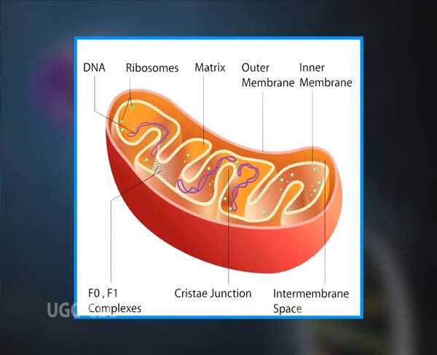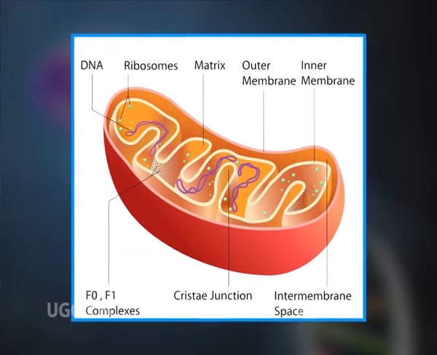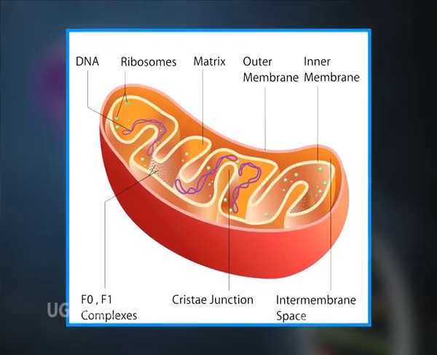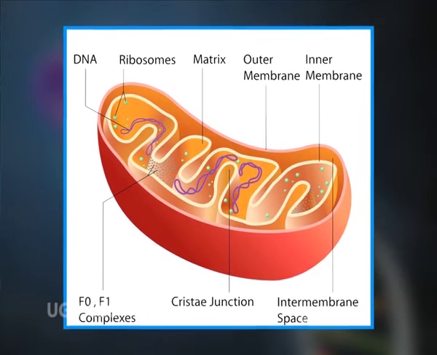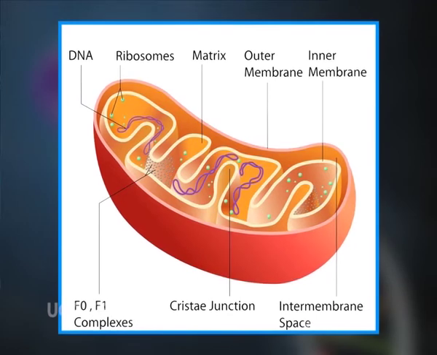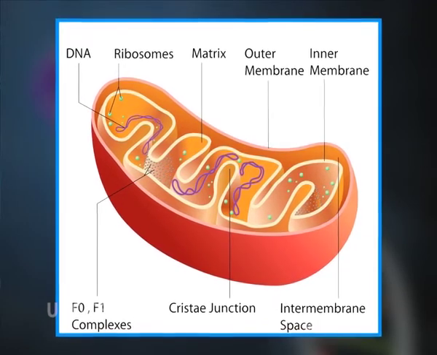Out of these 24 mitochondrial genes, 22 transfer RNA genes make 22 types of mitochondrial transfer RNA and 2 ribosomal RNA genes make 16S ribosomal RNA and 12S ribosomal RNA.